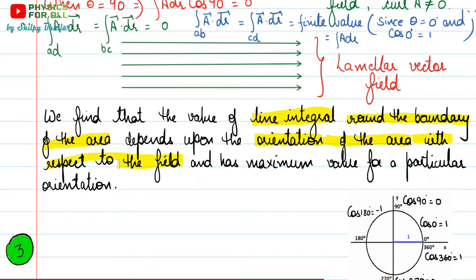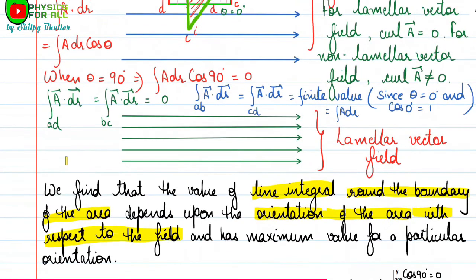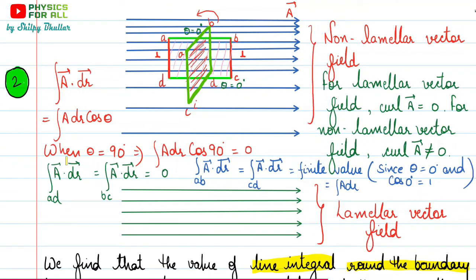In what direction the area is aligned with respect to the field, and then it has maximum value for a particular orientation, like we did here. We got to know that when that area was aligned in the perpendicular direction, the value of the line integral was coming out to be 0, and when that area was aligned in the same direction as that of the field, then the value came out to be 1. So that was the maximum value.